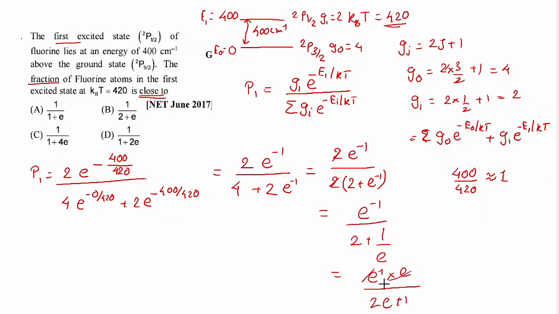So this e will be cancelled out, and we will be left with 1 upon 2e plus 1. So this is our final answer, that is 1 upon 2e plus 1, or 1 plus 2e. So D is the correct answer. Clear? So a very simple problem.